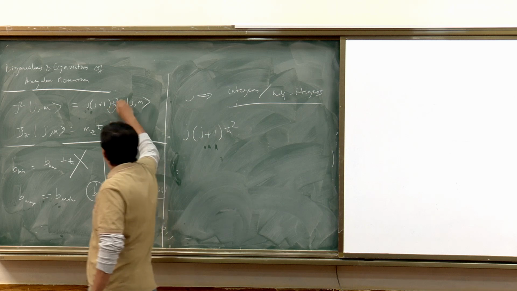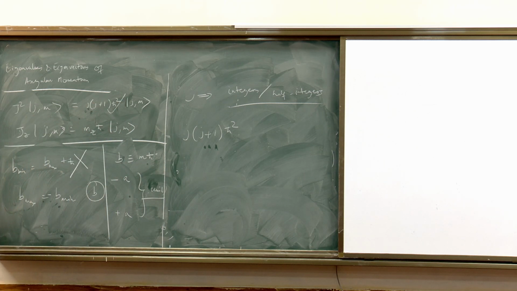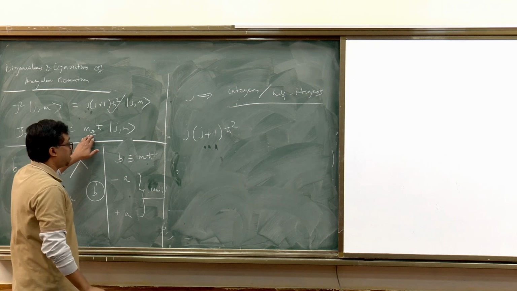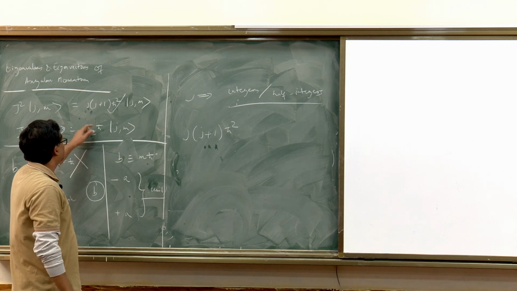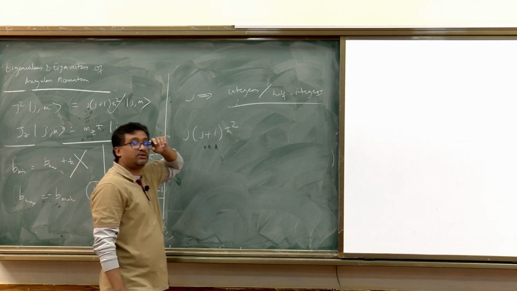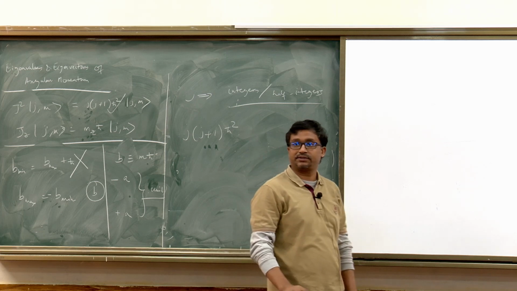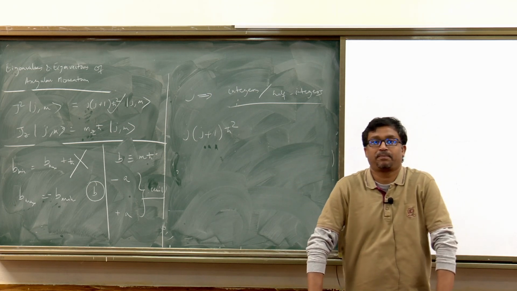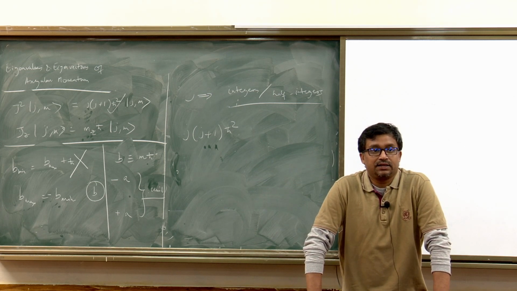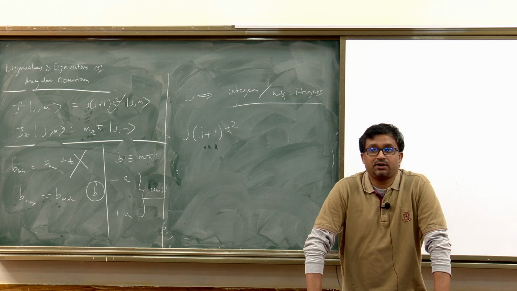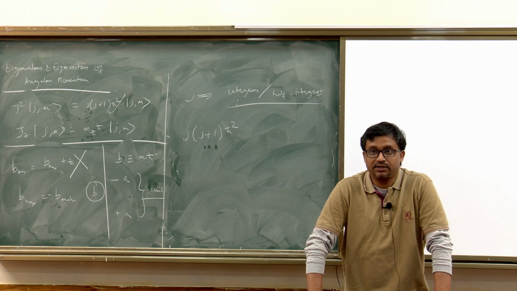So we have come to this relation that for j square and jz, if the eigenvalue of jz is m h bar, then the other one has to be j into j plus 1 h bar square. And j values can only be integer or half integer. Okay.